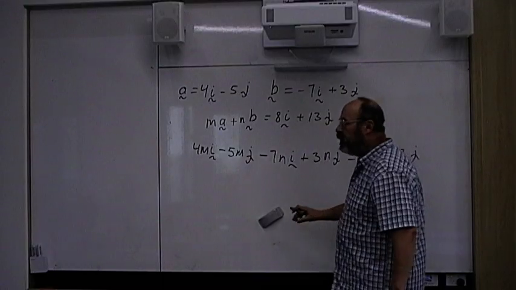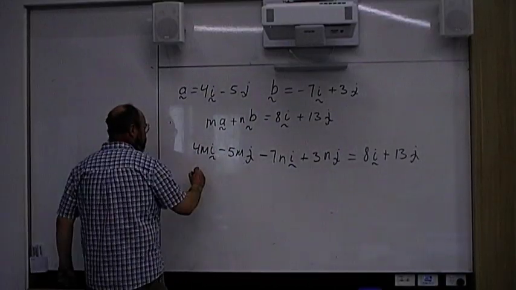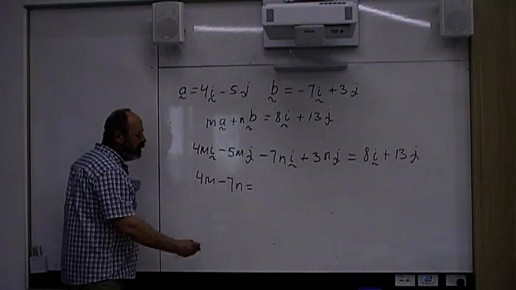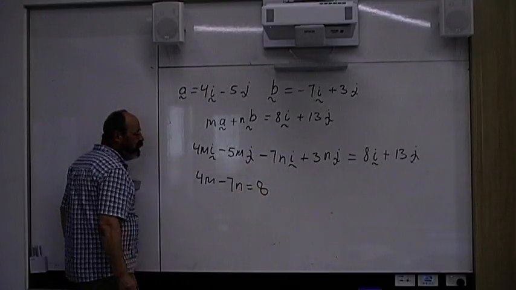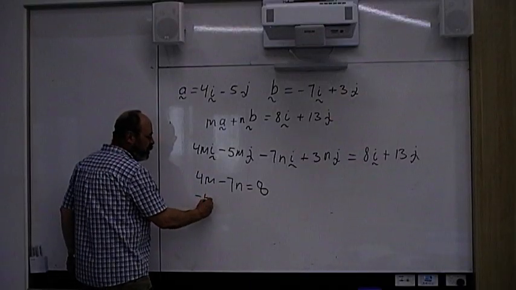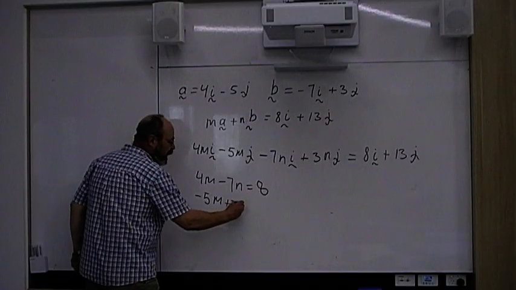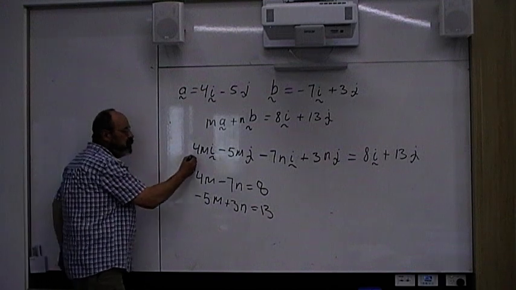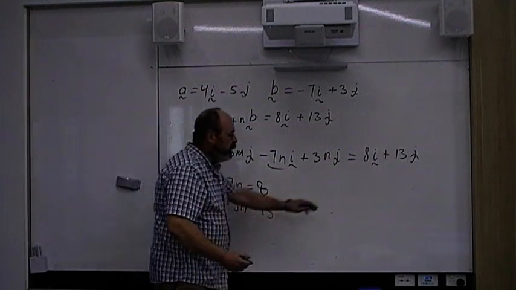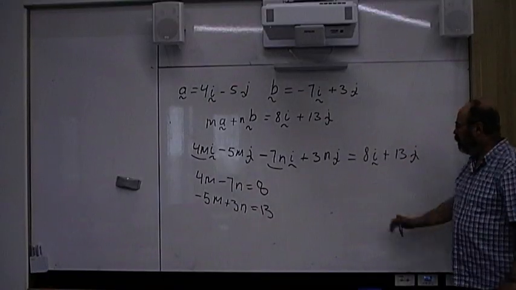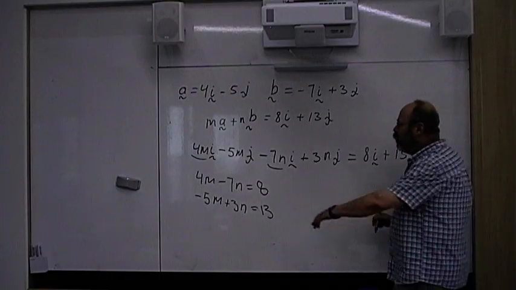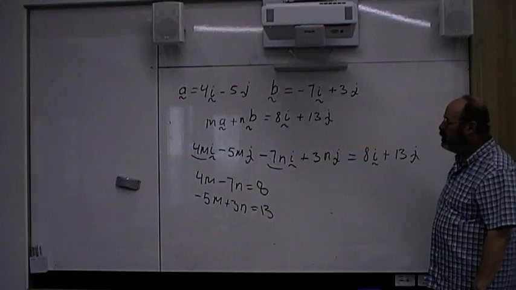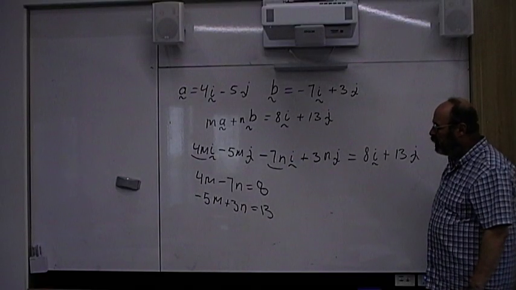It's like copying complex numbers: we add the i's up and the j's up. The i components: 4m minus 7n has to equal 8, and the j components: minus 5m plus 3n has to equal 13. So we just need to solve those simultaneous equations.